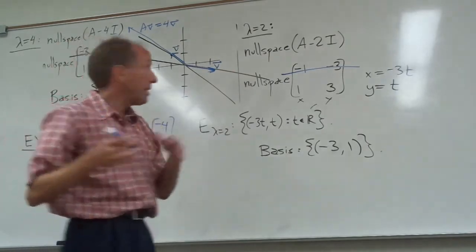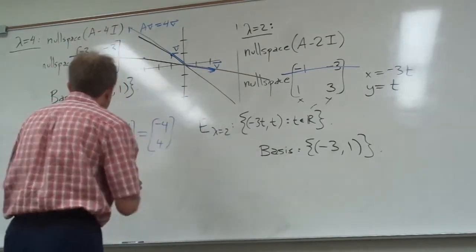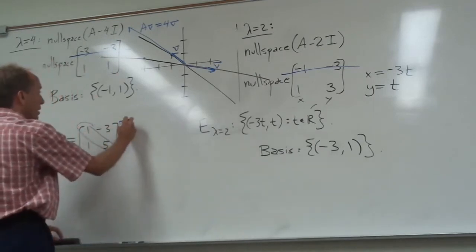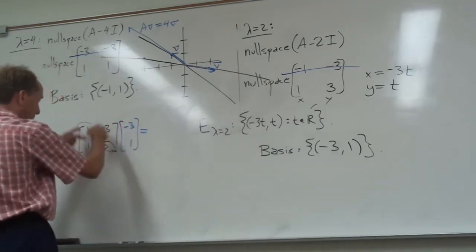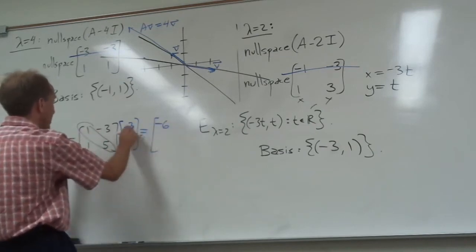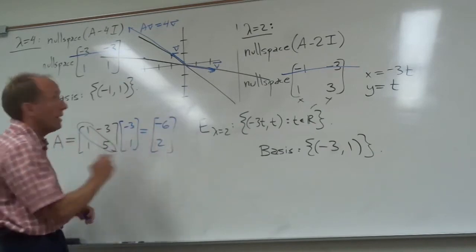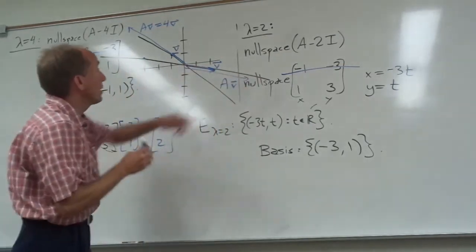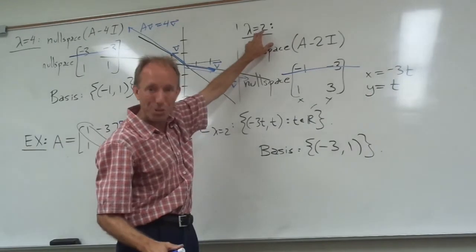then when I apply the matrix to that vector, you guys can check this. If you take the vector negative 3, 1, and you multiply it by the matrix here, you're going to get negative 6, 2. It just doubles the length of the vector because the eigenvalue here was just 2.